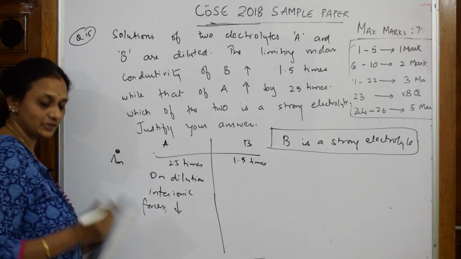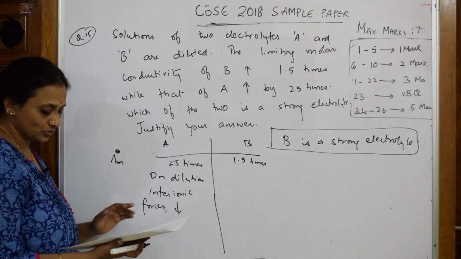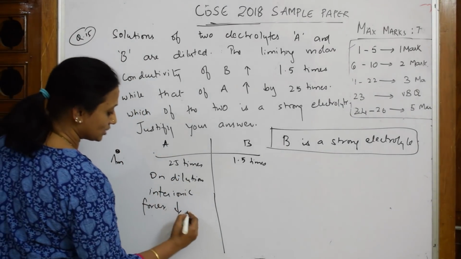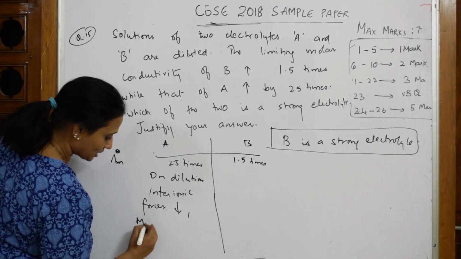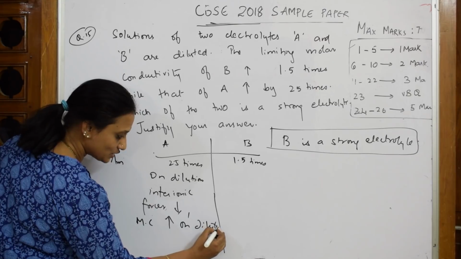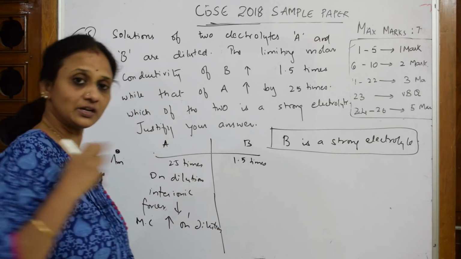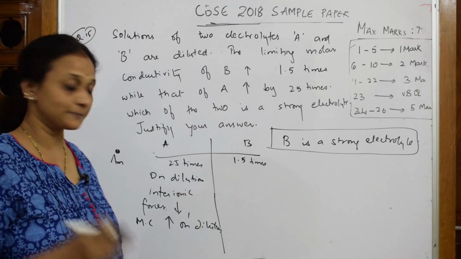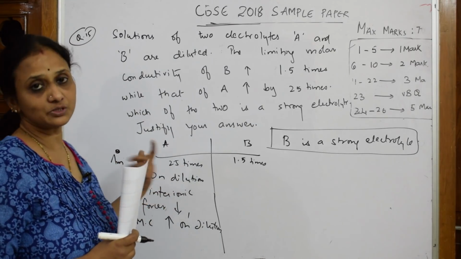The molar conductivity automatically increases on dilution. Molar conductivity increases on dilution because the spaces between them are far. When it is far, the number of ions conducting current has become so much. So that particular one has become 25 times more.